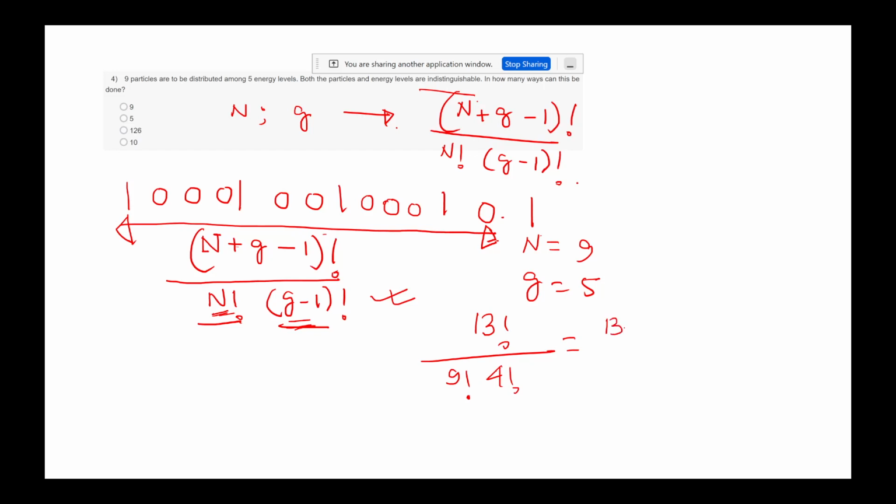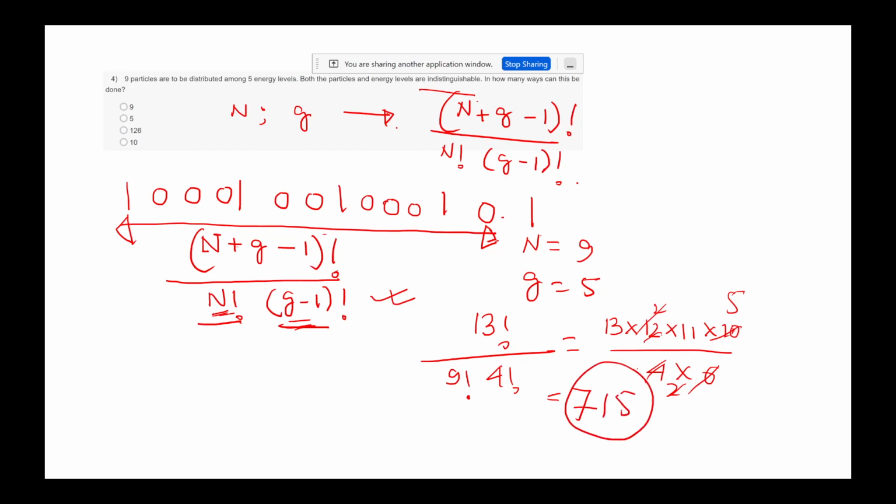And if you do that, 13, 12, 11, 10 divided by 4 times 3 times 2, so 5, and this becomes how much? Please do the calculation. 715. So the options are incorrect. It will be 715.